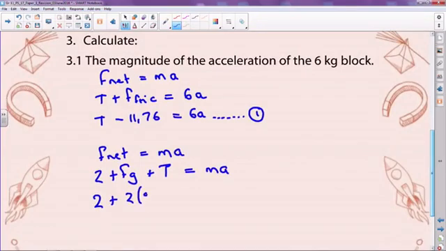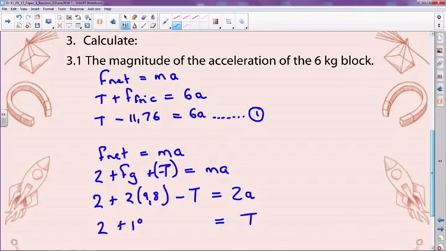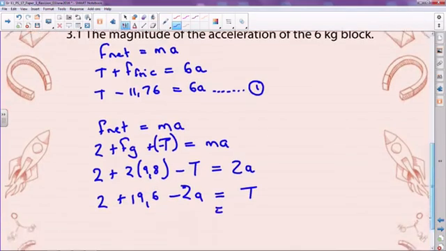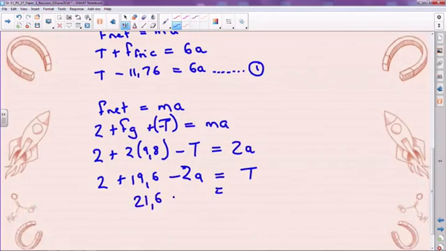It's 2 times 9.8. And my tension is acting in the opposite direction, so this should be minus t, equals 2a. If I now rearrange this and make it t equals, I'm going to end up with 21.6 minus 2a equals t, and I'll make that number 2.